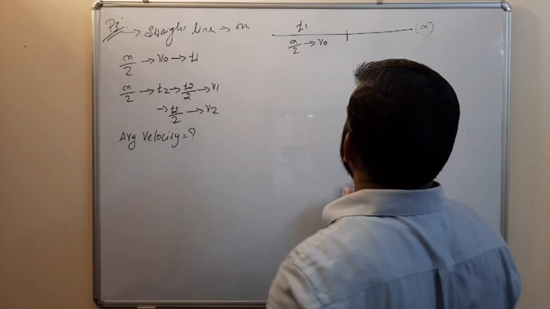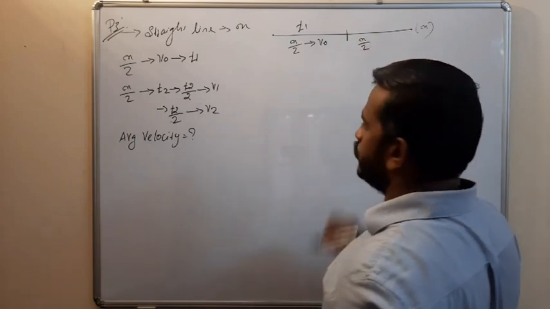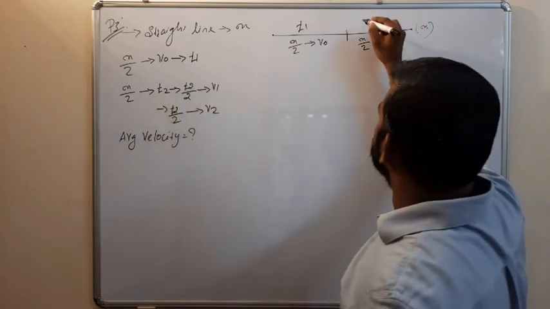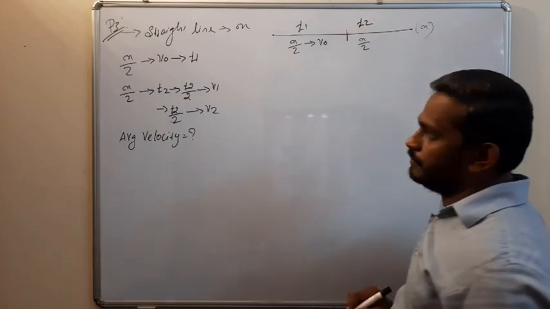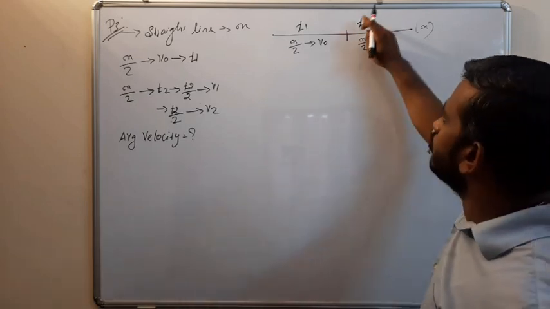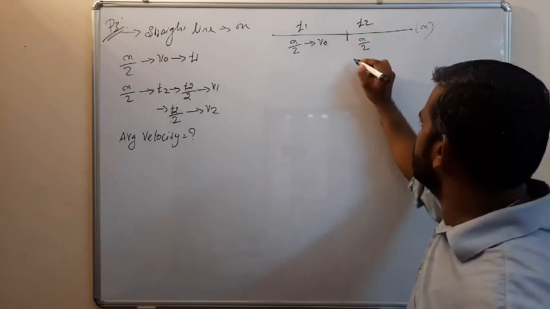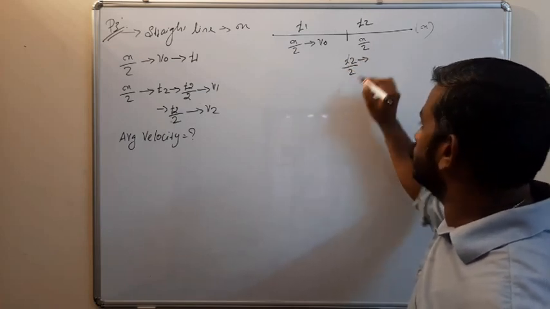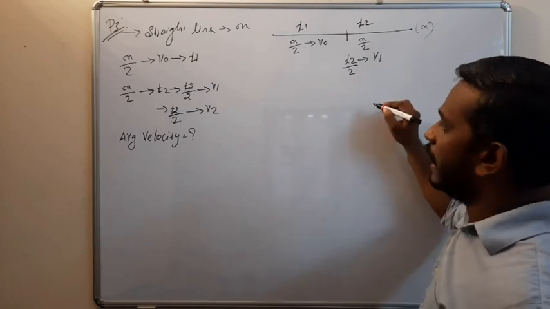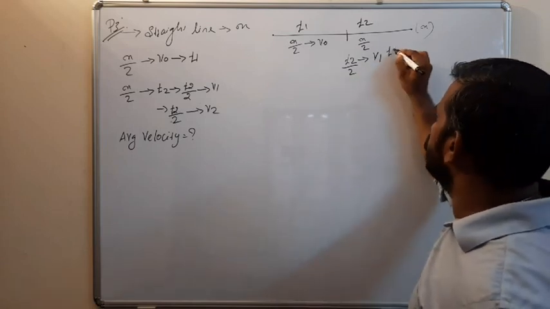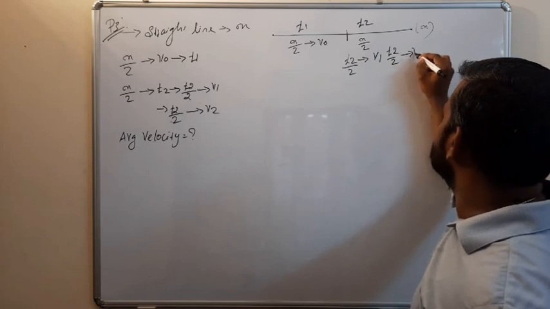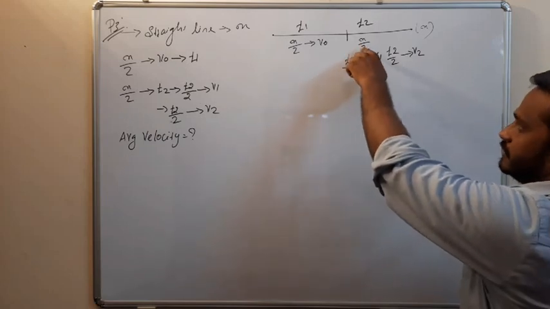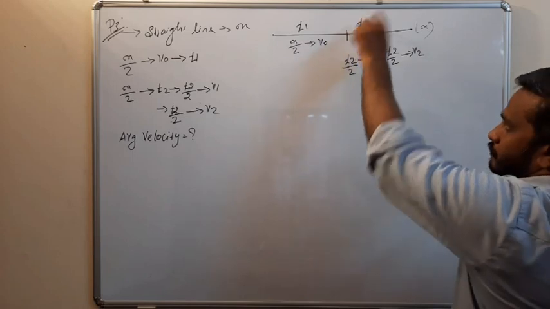The remaining half of the distance, x by 2, is covered with the time t2.